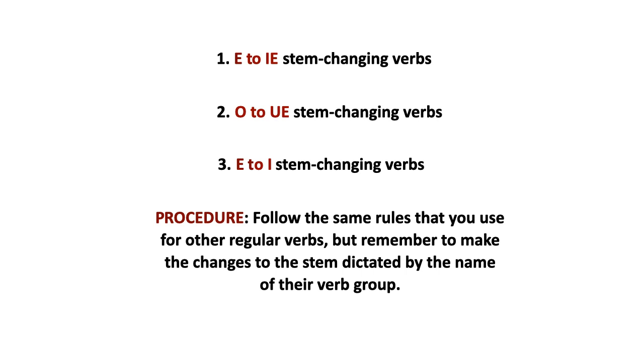So if it's an ar verb, you use ar endings. If it's an er verb, you use er endings. If it's an ir verb, you use ir endings, and that has nothing to do with the stem, right? The endings are totally separate from the stem. They come together in the conjugation, but they're totally different concepts, right? So don't start thinking that you have to take that O in the ending and change it for something. That's not the way it works. We're talking about the stem, okay?